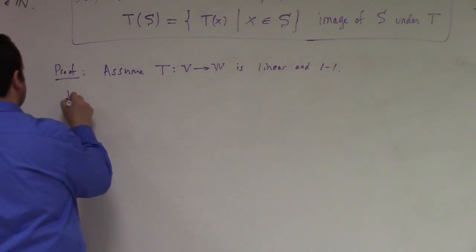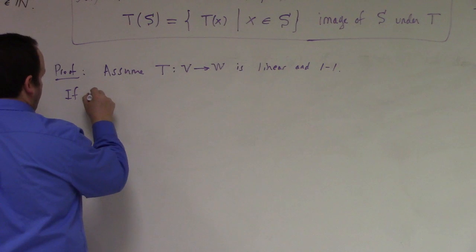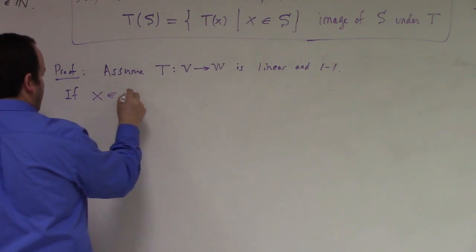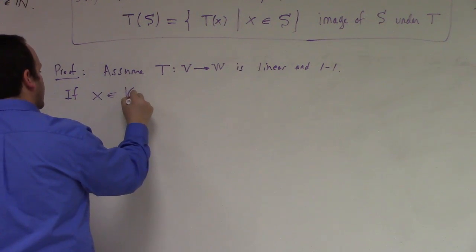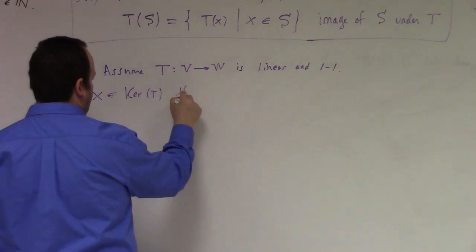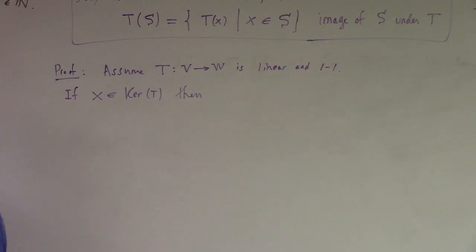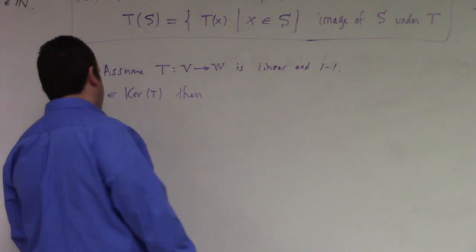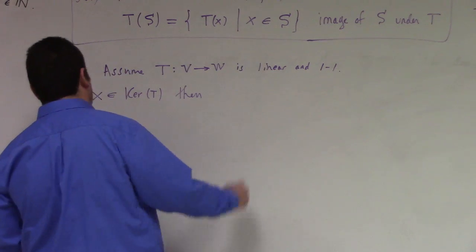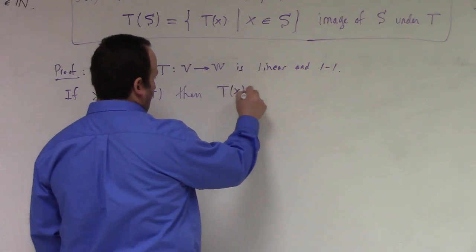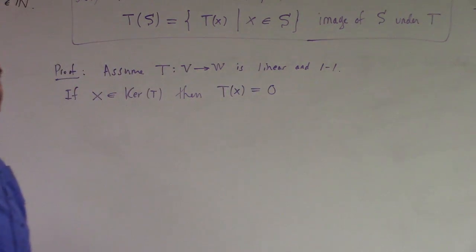If x is an element of the kernel of T, then what? What does that mean? T of x is what? 0. But 0 is also equal to what?